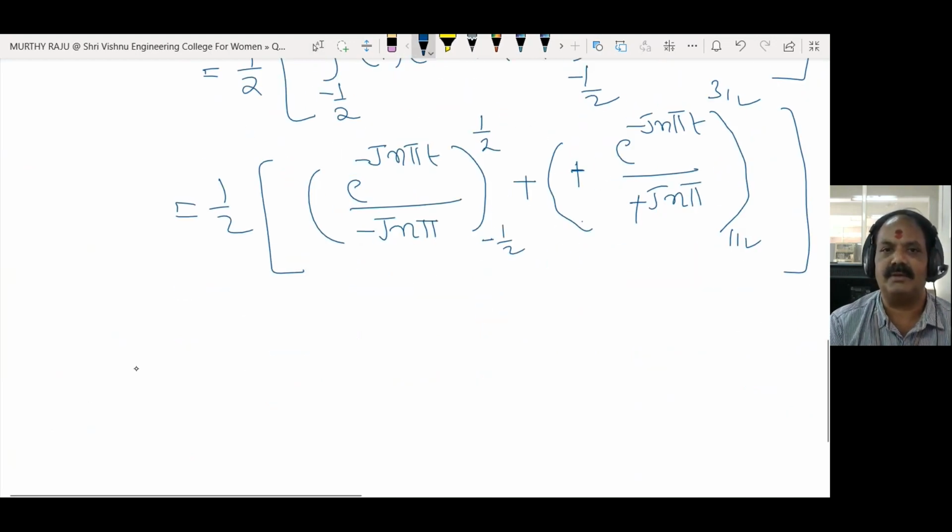Substitute the values in the above equation. One by two.